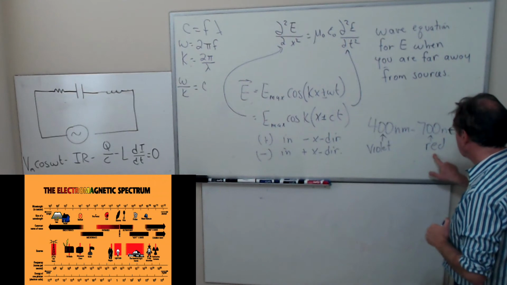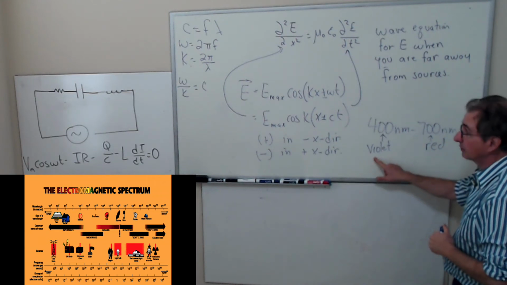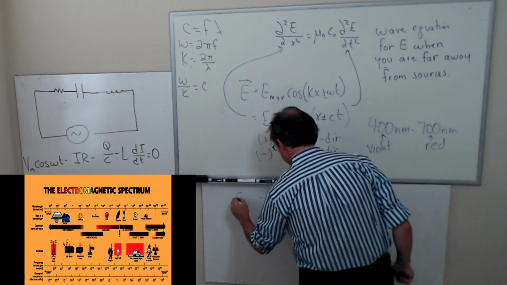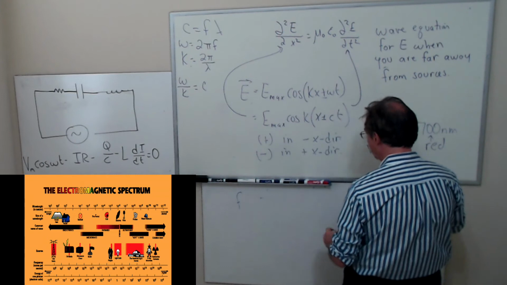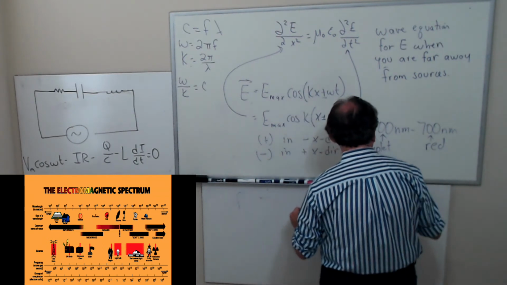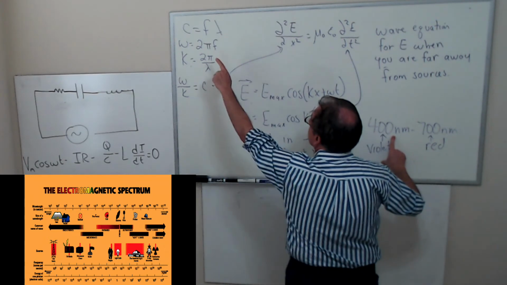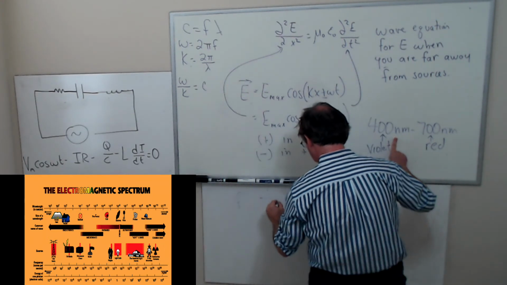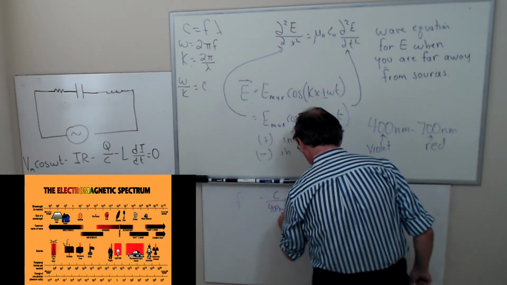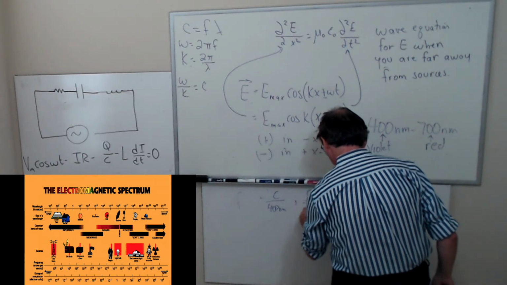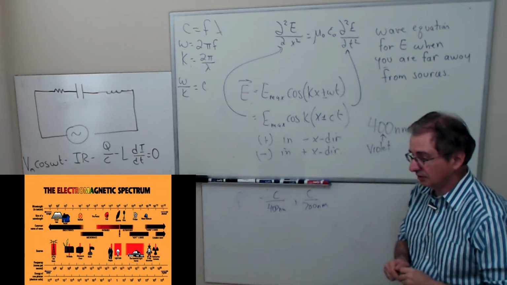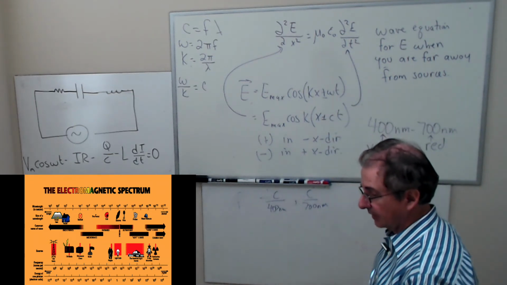So these are lower frequency, that's higher frequency, because f is c over lambda. So if you want to look at the frequency range, we're going to find the frequency, it's c over lambda. And we're talking about 10 to the 14th hertz. That's the frequency range.